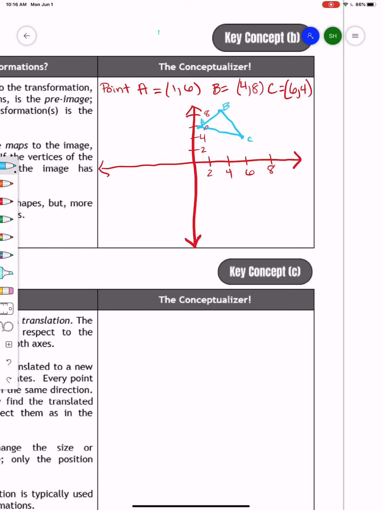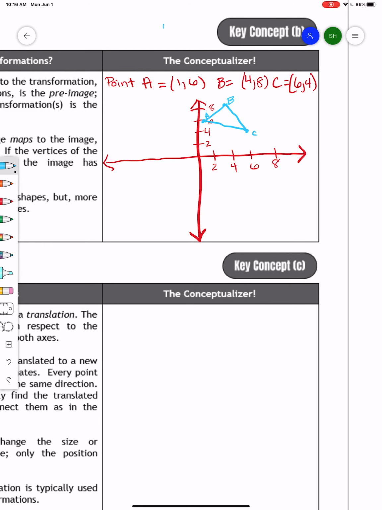If I were to translate this, I'm going to move my entire shape down 2. So my y is going to change by 2. My A would go to 1, 4, which would be my A prime. My B would go to 4, 6, which would be my B prime. My C would go to 6, 2, which would be my C prime. You can see, although it's not drawn perfectly, the size and shape didn't change, just where the shape was located, okay?